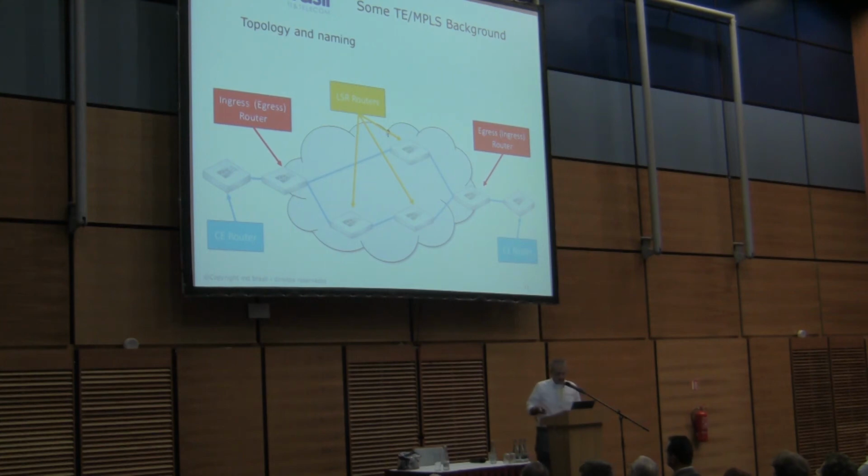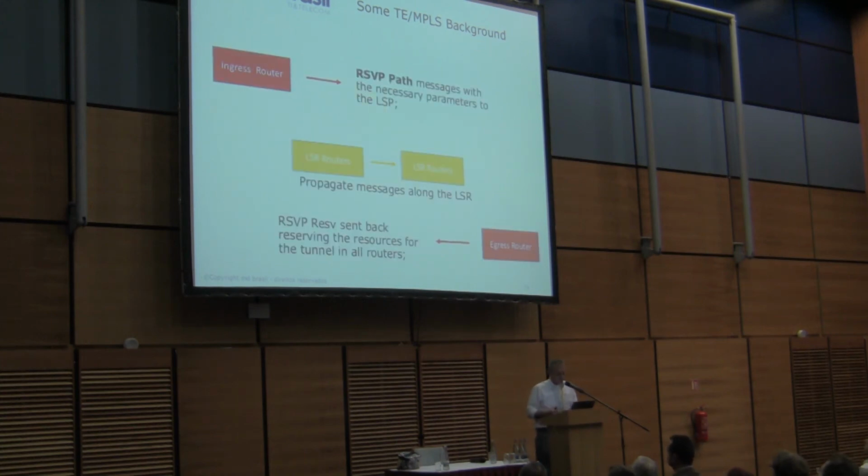So, some words about the naming. Here is the customer edge router, the CE router. The ingress router is the MPLS router, then the egress router, and in the middle, the LSR routers. So, RSVP works that way.